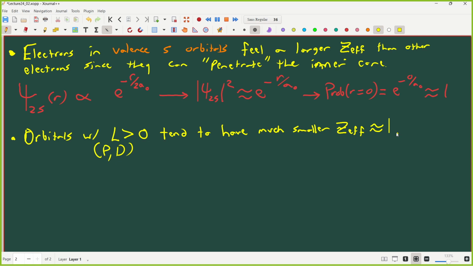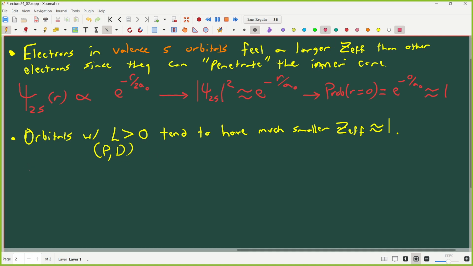It causes the electron's position to stretch a little bit away from the nucleus. So electrons in these higher angular momentum orbitals tend to exist further away on average because they're driven further away.